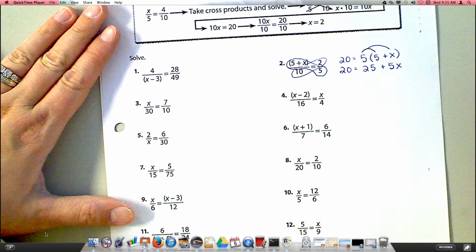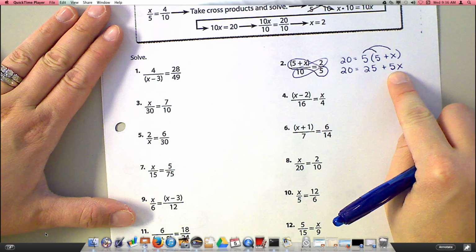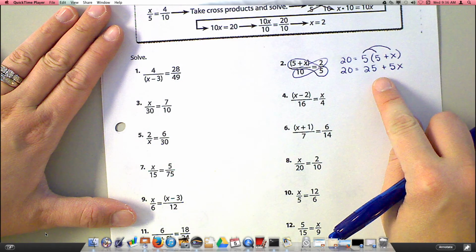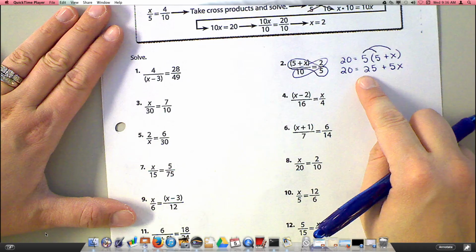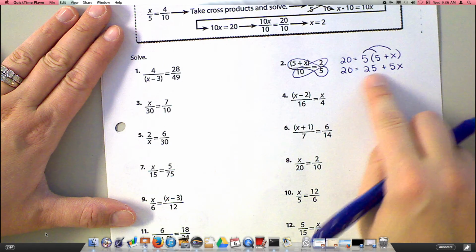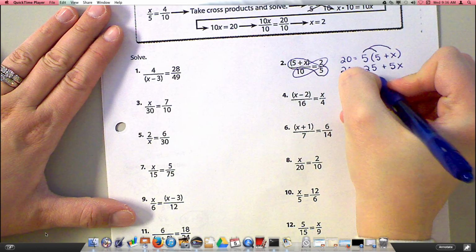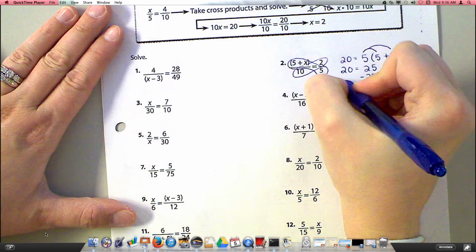Okay. My next step, Hunter, where do you think I would go next? If I'm trying to get x by itself, what number do you want to move? 5. Okay, but before I move the 5, let's move the 25. And how do you want to do it? If that's addition, subtract. So let's subtract 25.